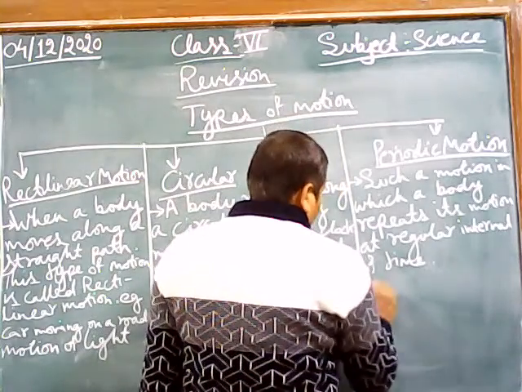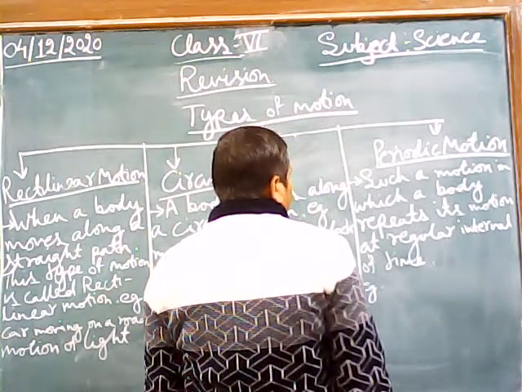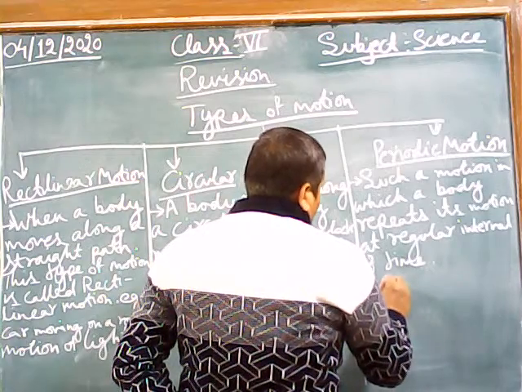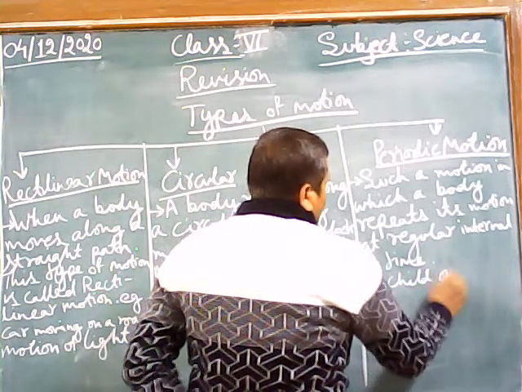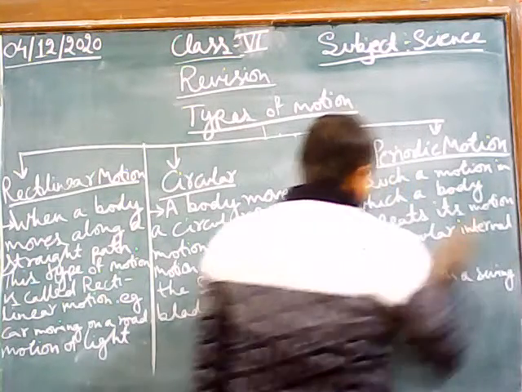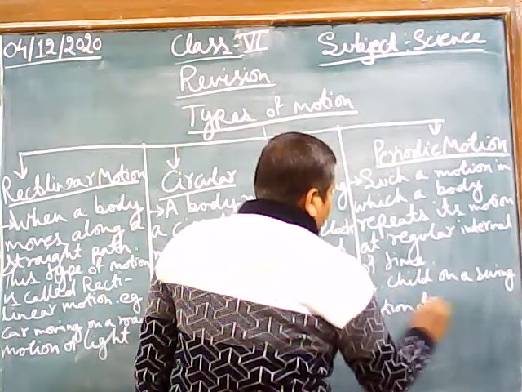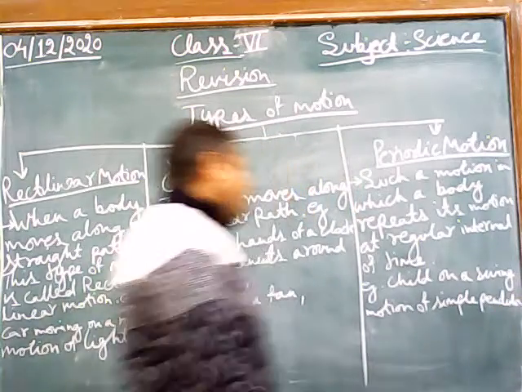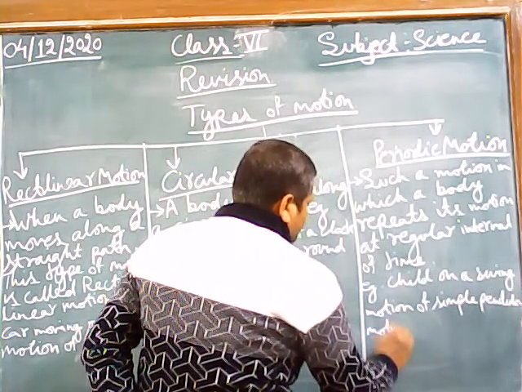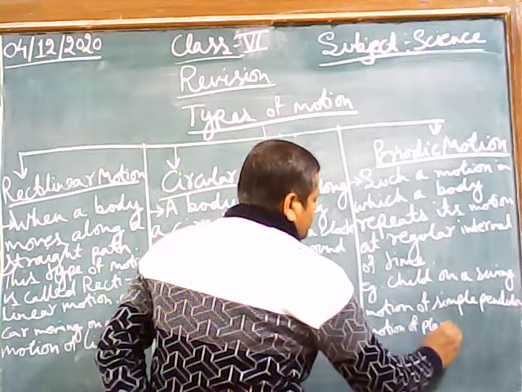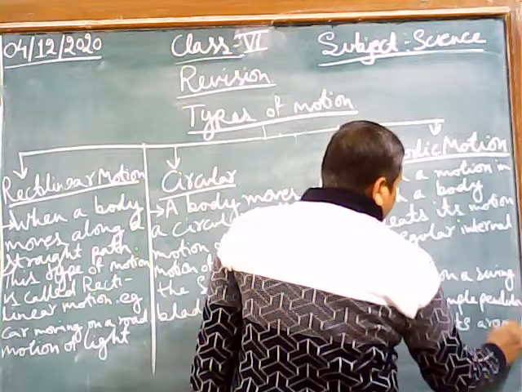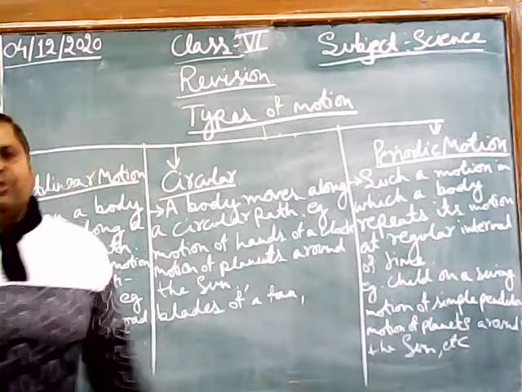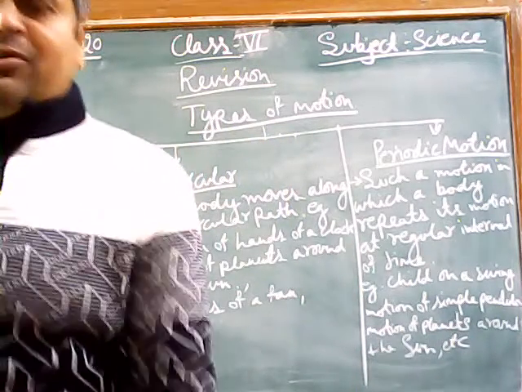For example, a child on a swing, motion of a simple pendulum, motion of planets around the sun, etc. All these are periodic motion. Motion of hands of a clock is also periodic.